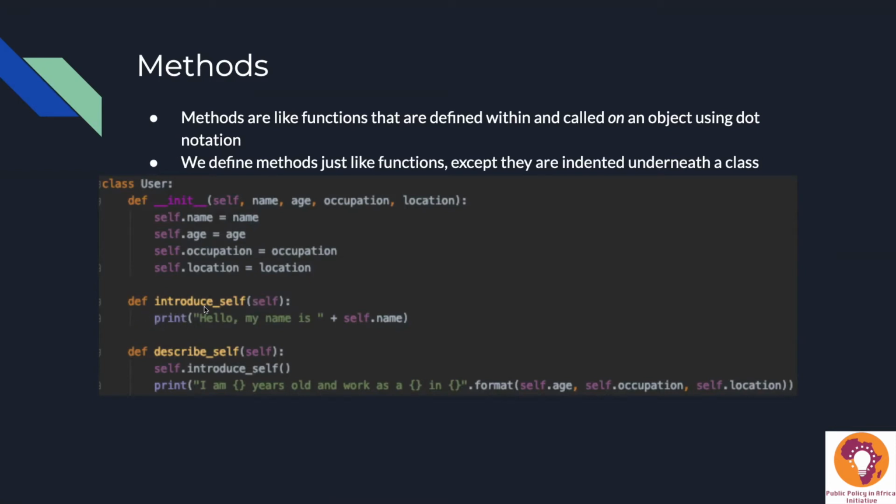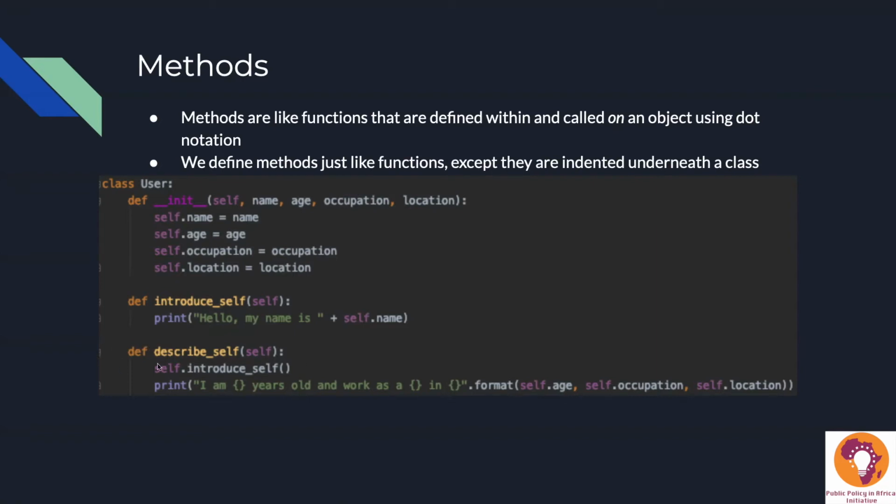What's happening in this introduce self method is that when it's invoked on an instance of the user object, it's just going to print out hello, my name is, and then self.name. So we're referencing the current instance of the object's name, and it would output whatever the name is assigned for the current instance of the object.